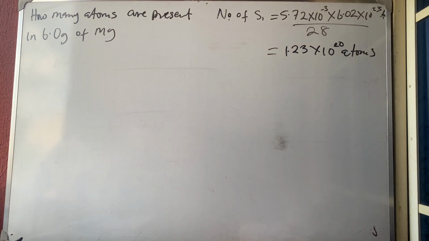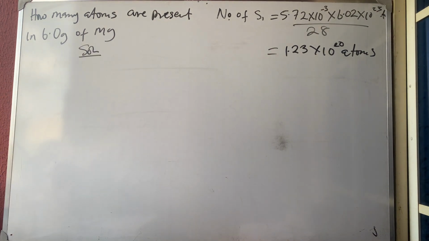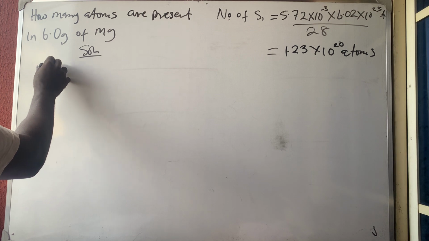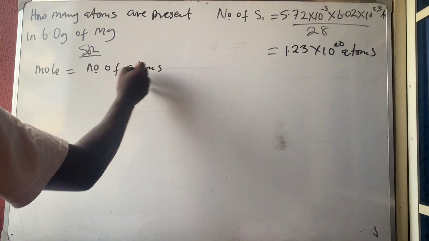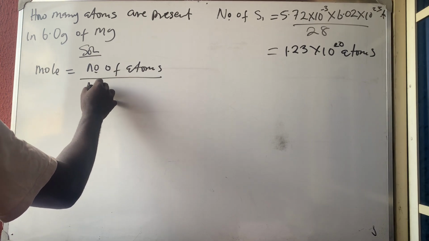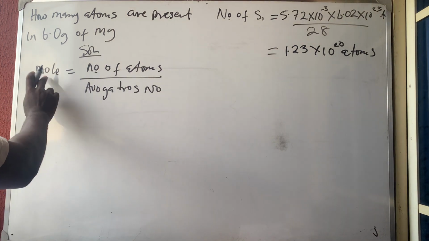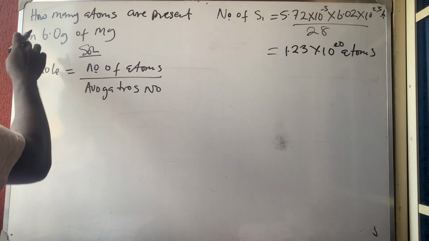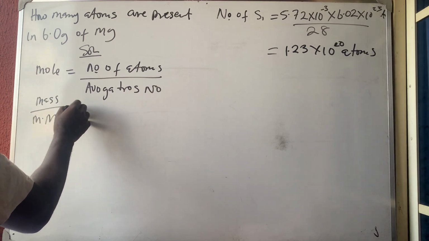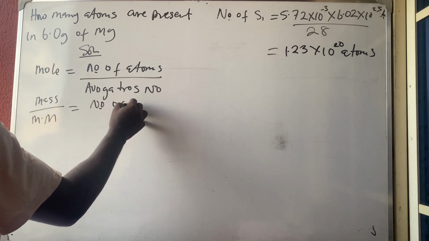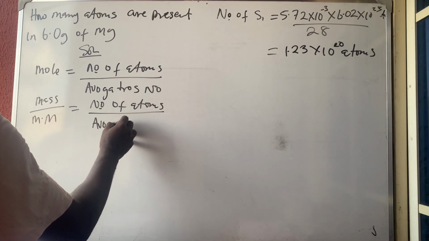We know very simply that mole is equal to the number of atoms or particles all over Avogadro's number. They don't give us mole here, but they gave us mass. So mole is mass over molar mass, which is equal to the number of atoms all over Avogadro's number.